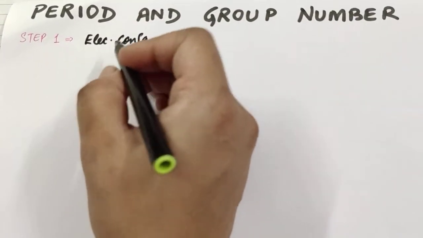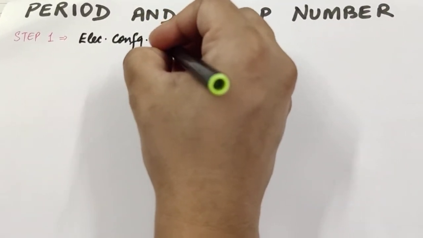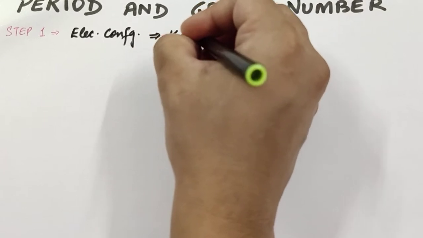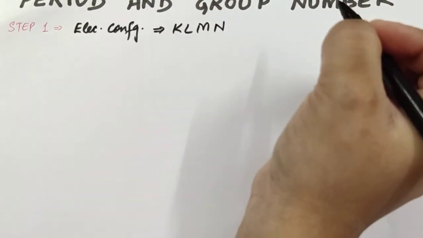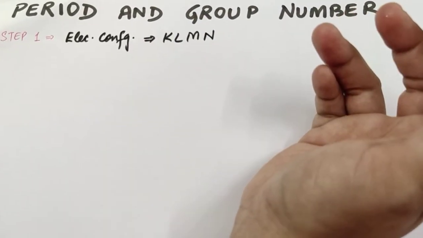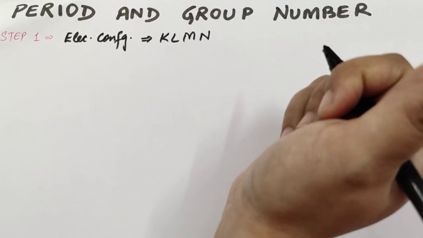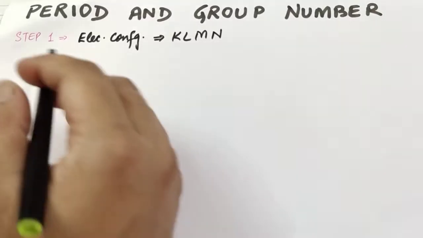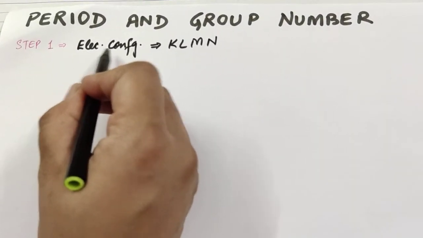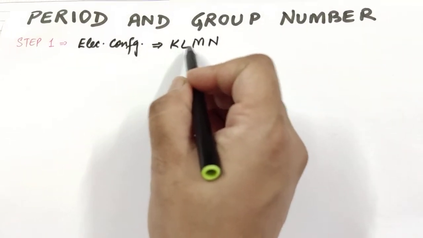And please remember that we have to write this electronic configuration in KLMN format. I hope everybody is aware of the KLMN concept. We study it in the 9th class itself. And the first step comprises writing the electronic configuration in KLMN concept.